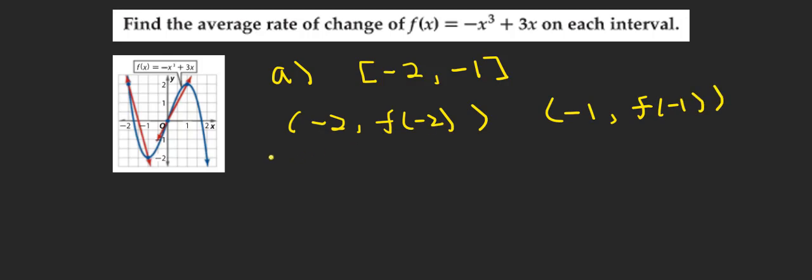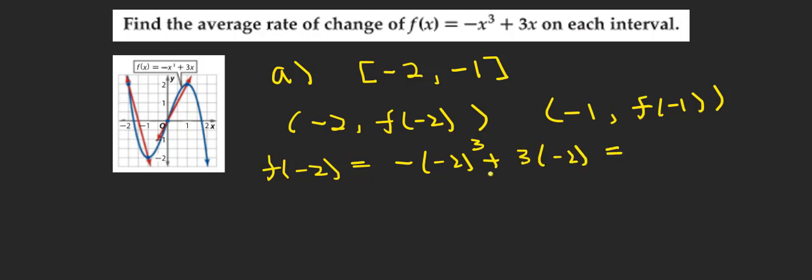So how do we find f of negative 2? Well, you got to plug in over here to find the y value. Negative 2 to the third is negative 8. Negative 8 times negative is positive 8. 3 times negative 2 is negative 6. So you end up with 2. What about f of negative 1?